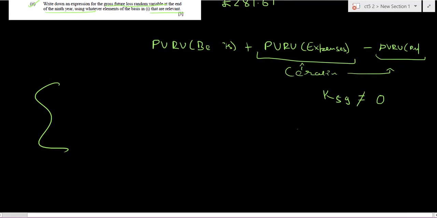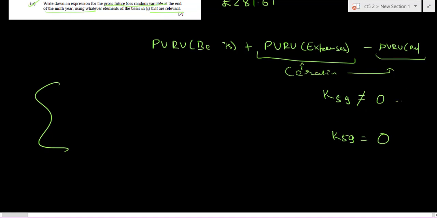K59 means his curtailed lifetime at the age of 59. This will be more than 0, anything more than 0, right? And if he dies, then definitely his curtailed lifetime would be equal to 0, right? So I've divided this thing into two cases, if he dies in this year or if he doesn't die.